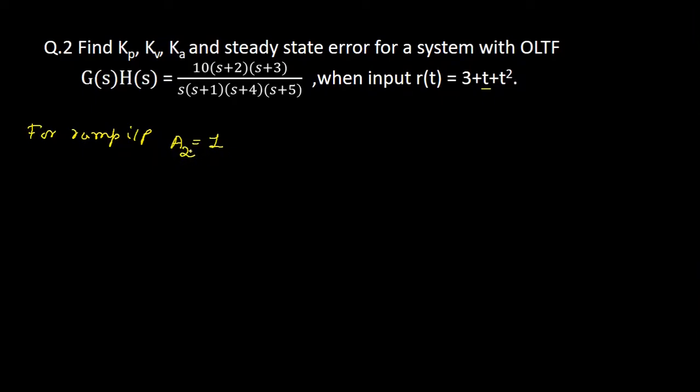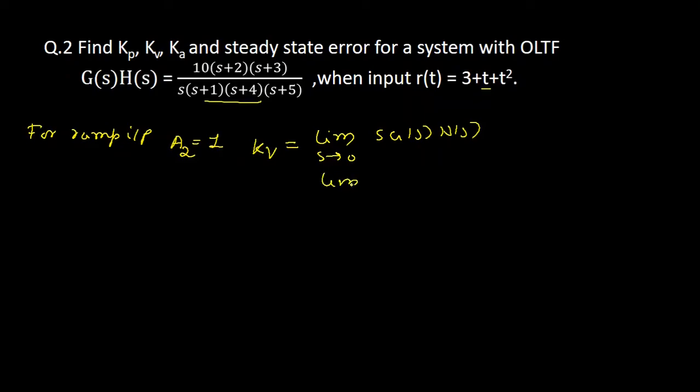I have told you whenever the ramp input is applied to the system, then velocity error coefficient Kv will control the error. So Kv is equal to limit s tends to 0 s into G(s)H(s). Now we put the equation of G(s)H(s) from here.